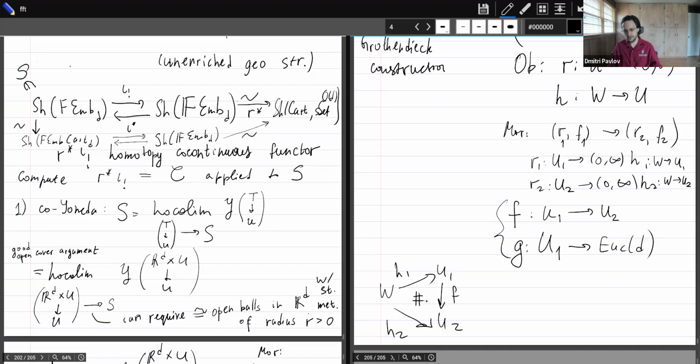And the other condition is that, yeah, maybe I can write it, G inverts the image of an open ball of radius r.